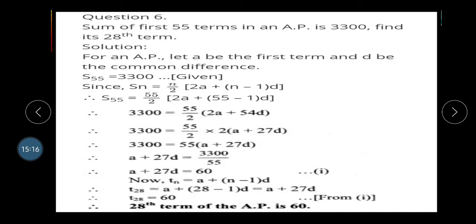So 28 minus 1 will give us 27. So we are getting a plus 27d. Here also we are getting a plus 27d, and we already got the value as 60. So we will directly write the value as 60. So the 28th term of the AP is 60. Wasn't that easy, students?